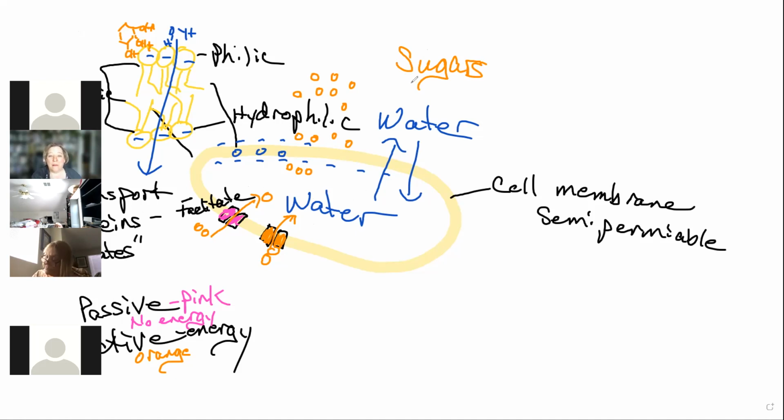That also works with salts, which are composed of ions. So you want a certain concentration of salt or ions inside of the cell, no matter what's outside of the cell, for most cells.